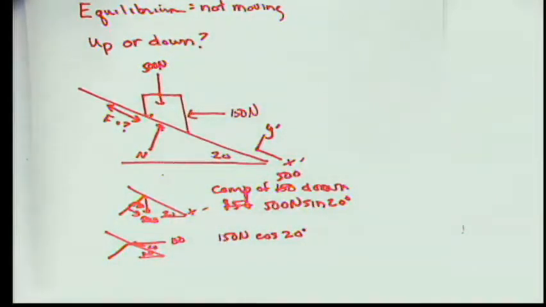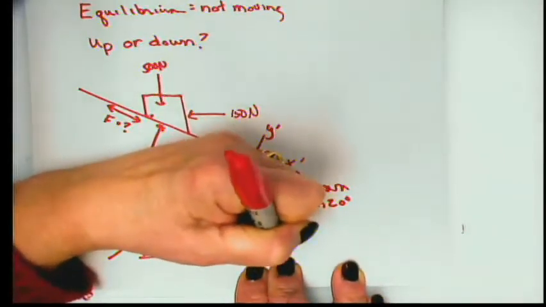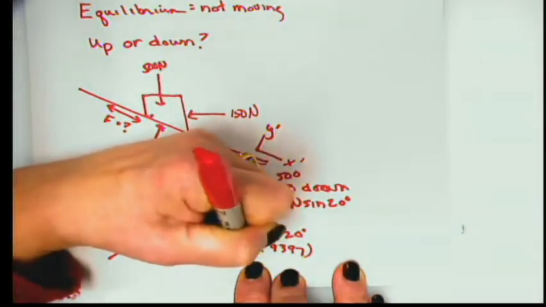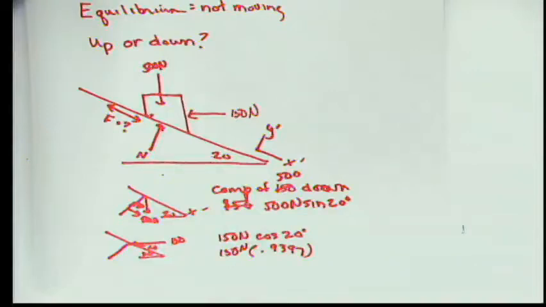All right, so I did not bring my calculator today, so I just need to find what those values are. The cosine of 20 degrees is 0.9397. And the sine of 20 degrees is 0.342.